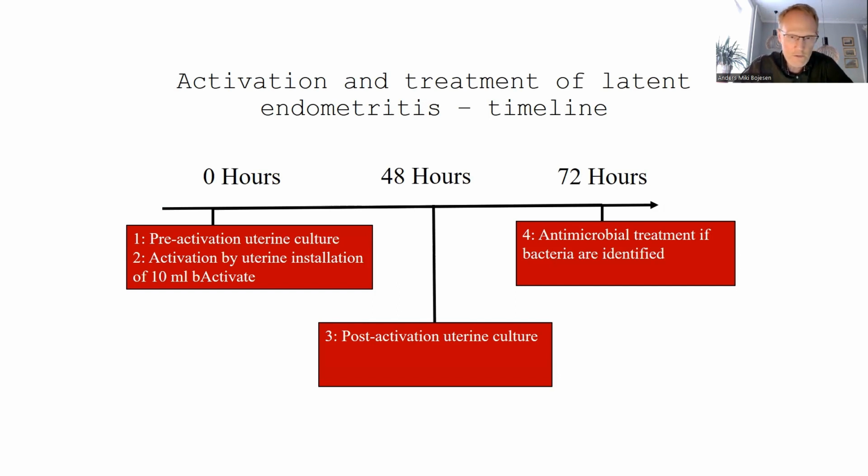When you have the culture result 24 hours following the last sample, you can start treating. And because you know which bacteria you have identified, you can have an optimal treatment.